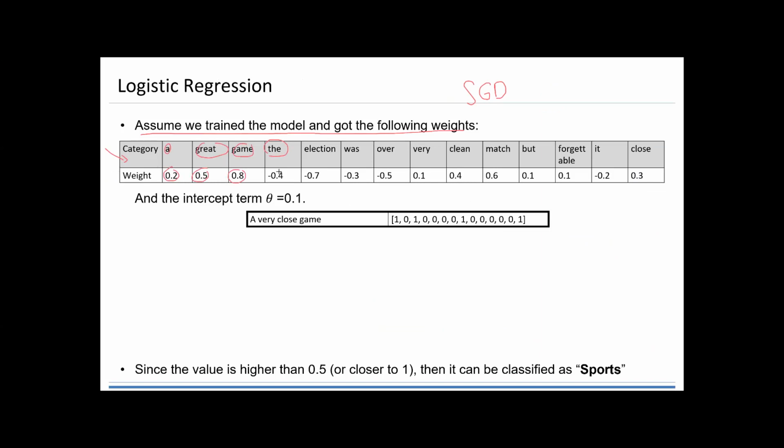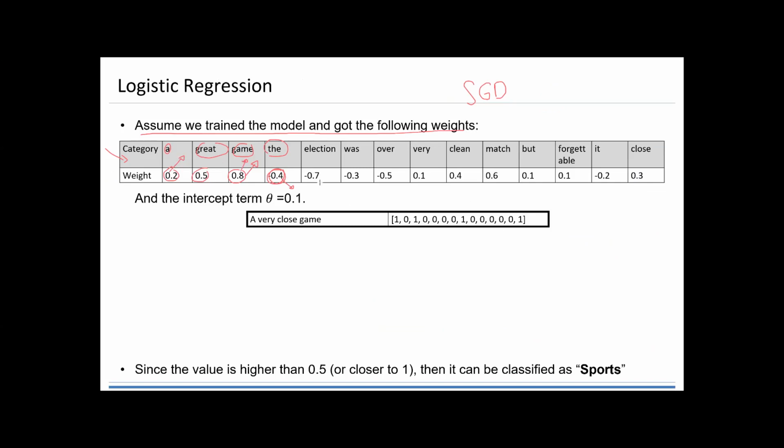The weight for the is minus. So there's a possibility to have a minus. If it is positive, we can say it has an effect. If it is minus, then it has less effect, or it has a negative effect. If it is a lower value, maybe the effect is not that high compared to this one.